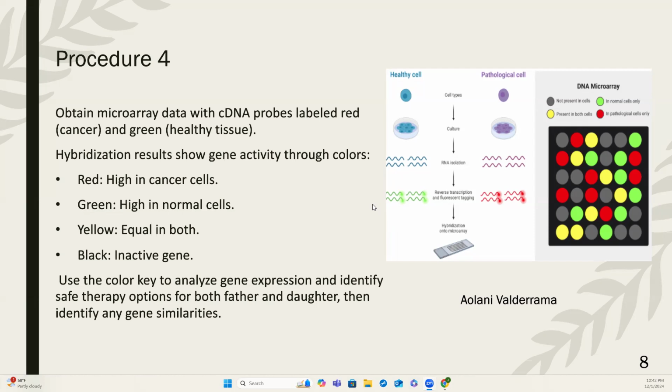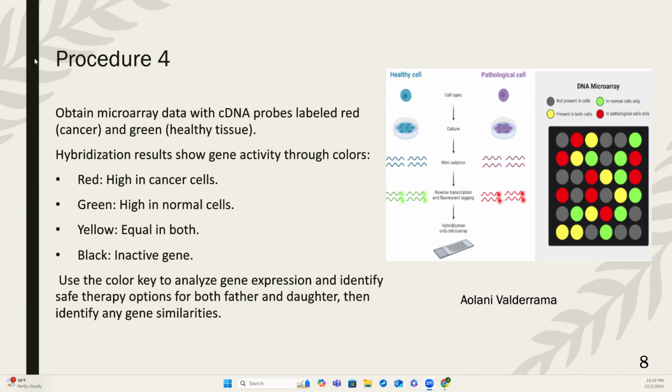In this procedure, we're going to be seeing samples from skin cancer cells and from healthy cells from a patient's skin. We're going to be using mRNA from the patient's cancer, which is going to be labeled with a red fluorescent marker, and the healthy cells are going to be marked with a green one. And it's going to show in this little table, the microarray.